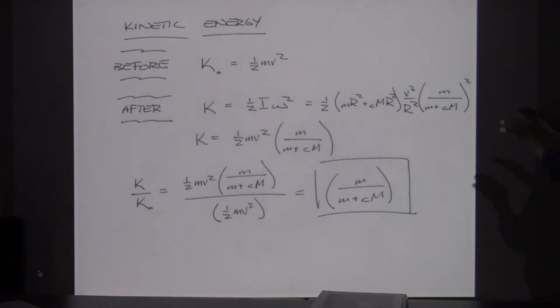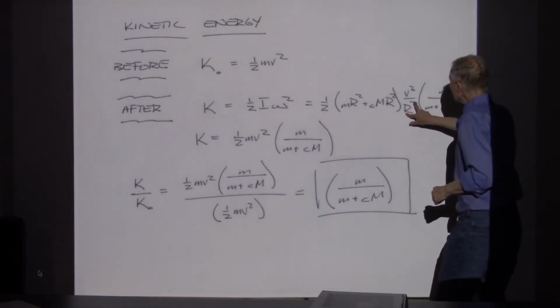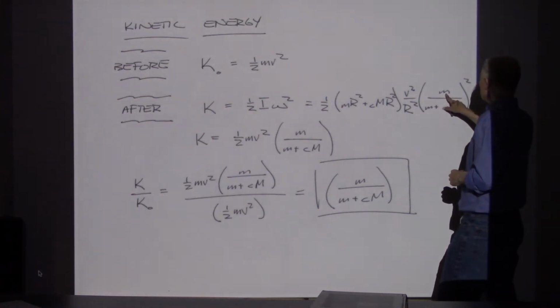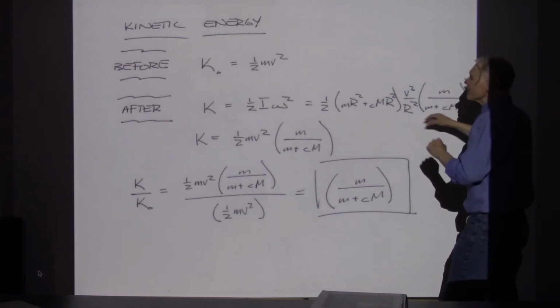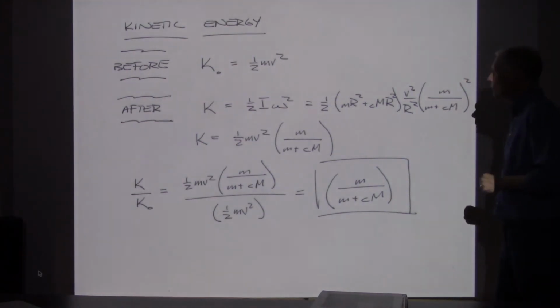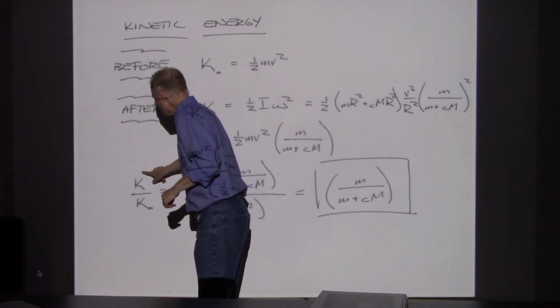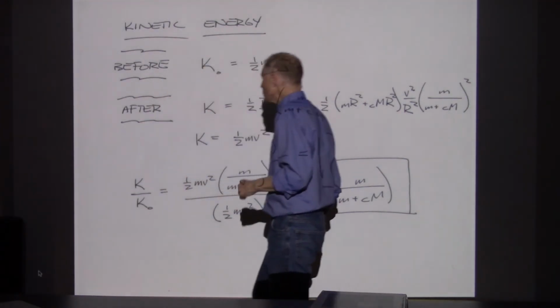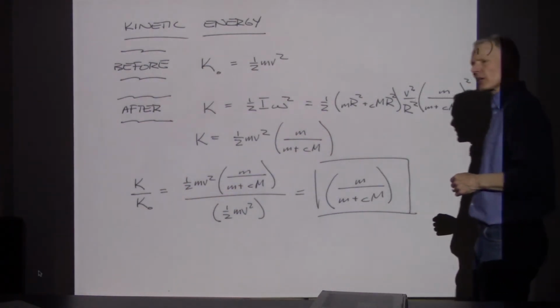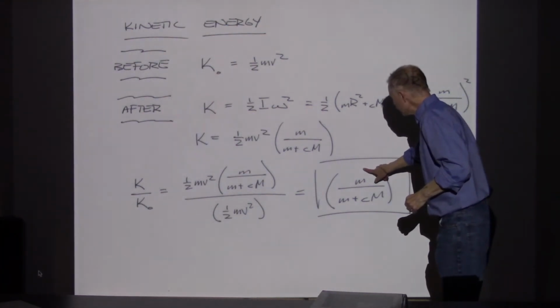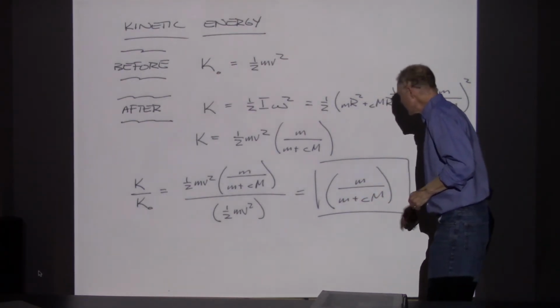Now when I factored out the 1/2 mv squared, it really simplified. I guess first of all the r's canceled. So the r squareds here and the r squareds and the r squareds, those are gone. And then I took out a factor of m here, and this is what we were left with. And then what I can do is a ratio. If I take the kinetic energy after divided by the total, what portion of kinetic energy remains? It depends on m over m plus cm.